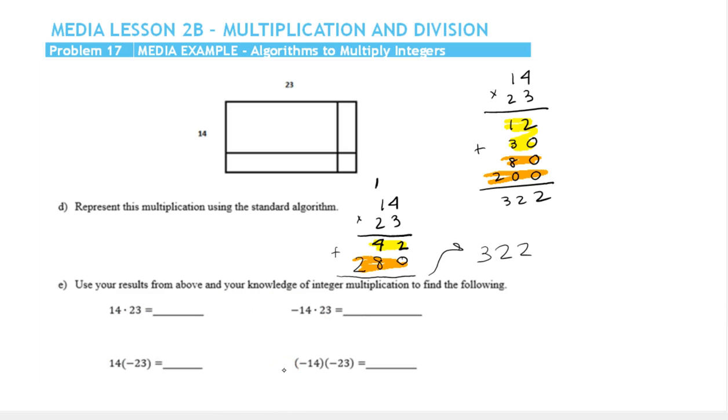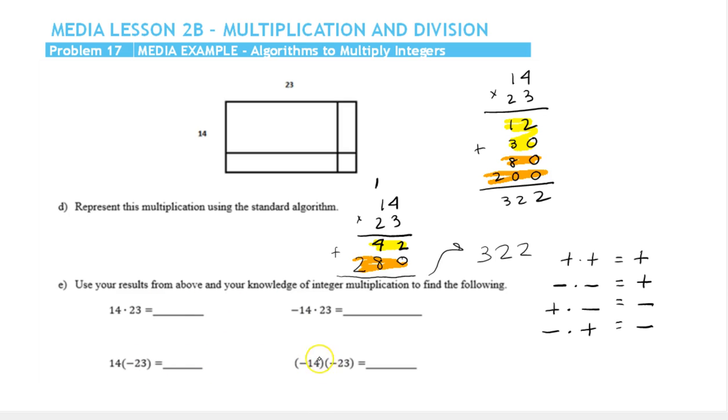And we learned that when you're multiplying positive numbers, you get a positive. If you multiply 2 negatives, the answer is positive. And if the signs are different in either order, your answer is negative.